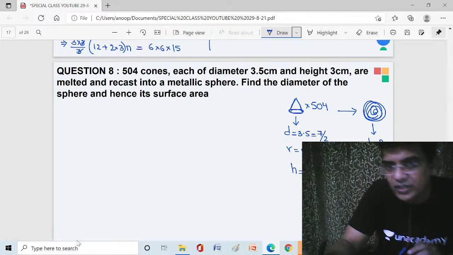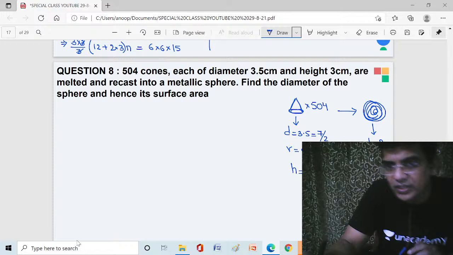But as there are 504 cones, so we can find volume of 504 cones. That will be 1 upon 3 pi r square h into 504. So this is volume of 504 cones, our equation number 1.